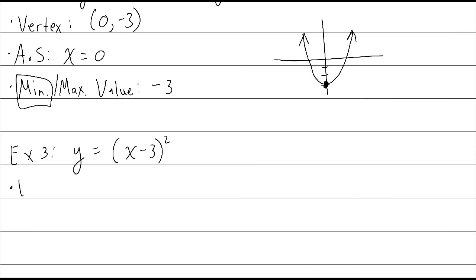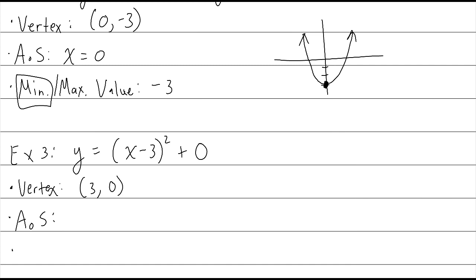Vertex, axis of symmetry, that's shorthand, and then the min or max value, and I'll just write that out when I get to it. The vertex, this time that's h. It's 3, not negative 3. And then I can think about that as plus 0 on the end.